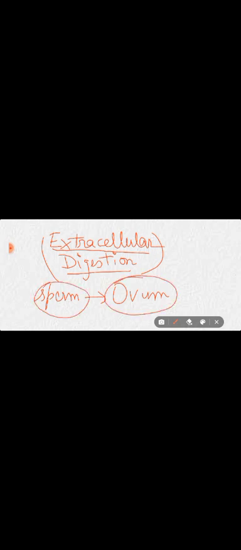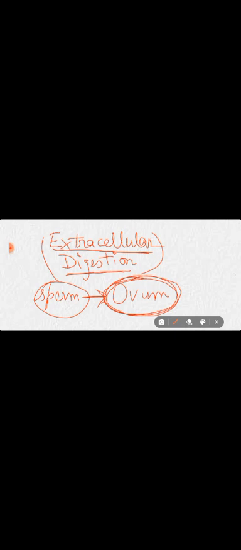Sperm release some digestive enzymes with the help of the lysosome, which degrade the protective coating found on the ovum cell, and in this way the sperm enters the ovum to form a mature zygote. So this is another function, extracellular digestion.